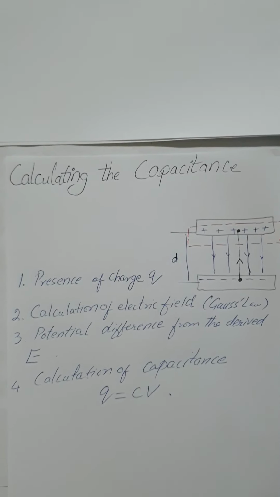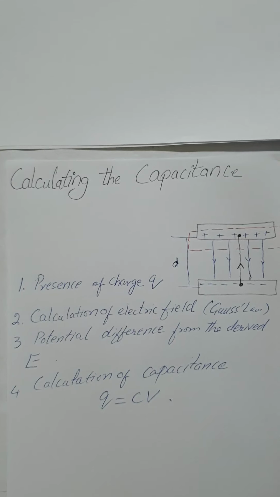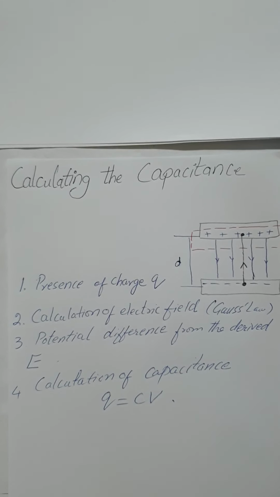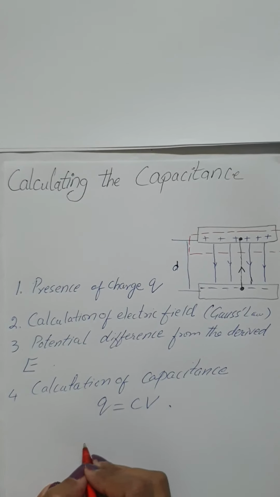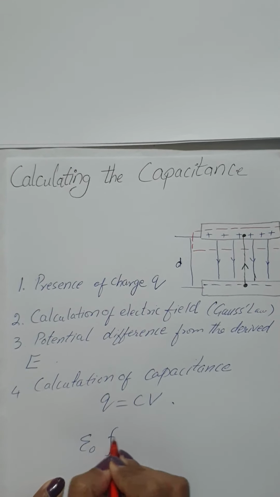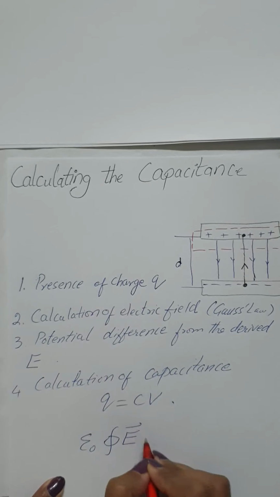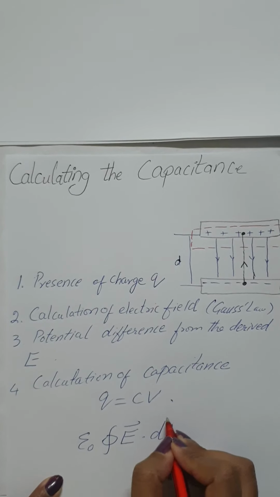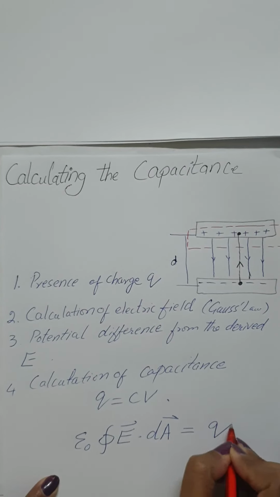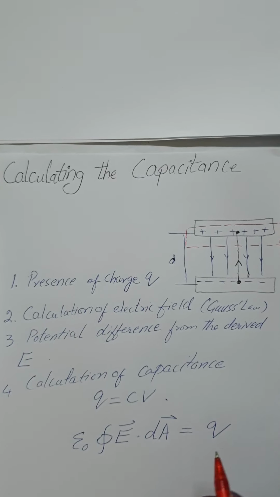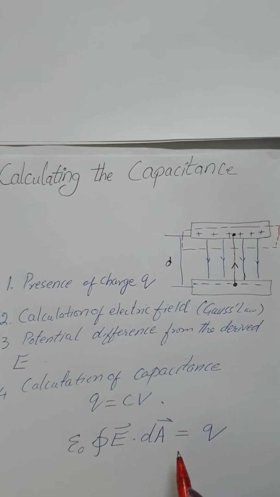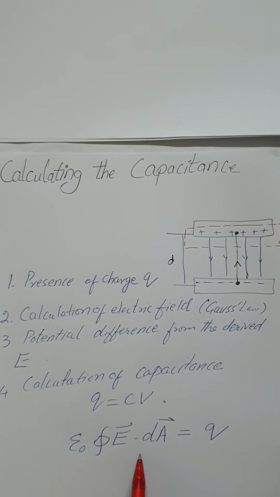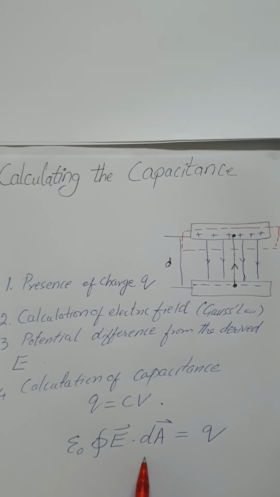So to relate the electric field E between the plates of a capacitor to the charge Q on either plate, we can use Gauss's law. And we know Gauss's law is the integral of E dot dA is equal to Q. Here Q is the charge enclosed by a Gaussian surface, and this integral E dot dA is the net electric flux through that surface.